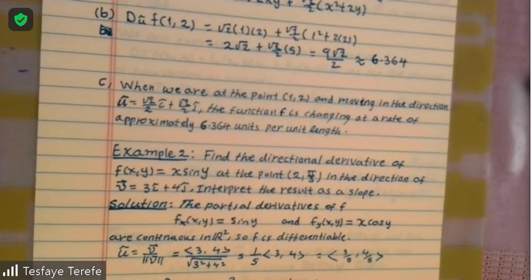I will leave that one, but sine of pi over 3 is radical of 3 over 2, and plus this is 8 over 5, and cosine of pi over 3 is 1/2.